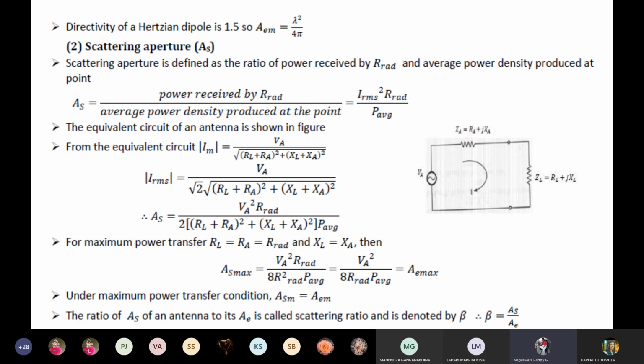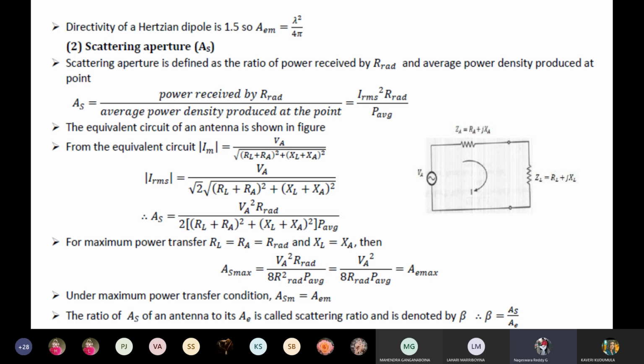So for maximum power transfer, R_L is equal to R_A is equal to radiation resistance and X_L is equal to minus X_A. Then maximum scattering aperture is equal to V_A square into radiation resistance by 8 into radiation resistance square into P average, that is equal to V_A square by 8 into radiation resistance into P average.